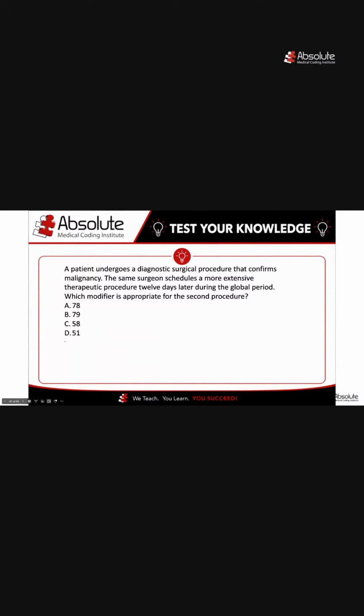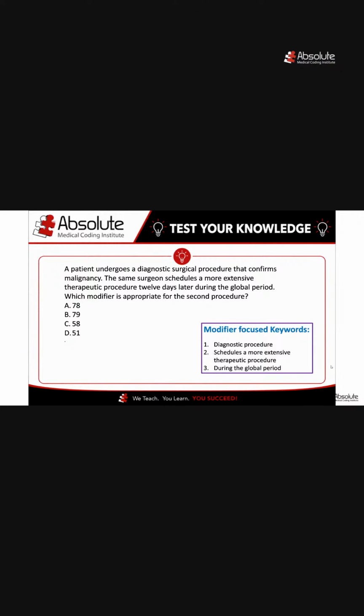Okay, coders, what say you? Well, here are my modifier focused keywords. We had a diagnostic surgical procedure. Then the doctor schedules a more extensive procedure, and it was done during the global period. So these are related, but the key word is it was planned.